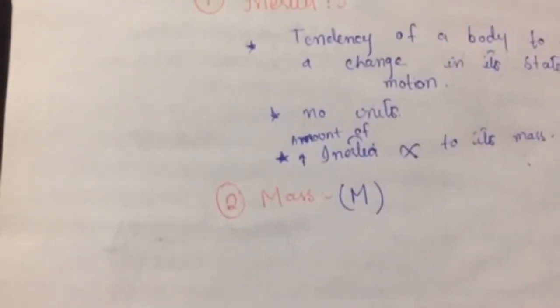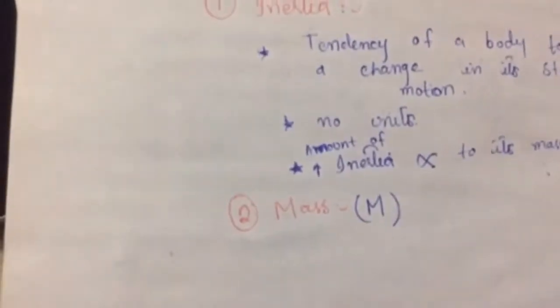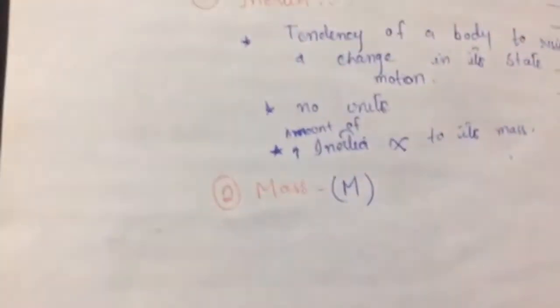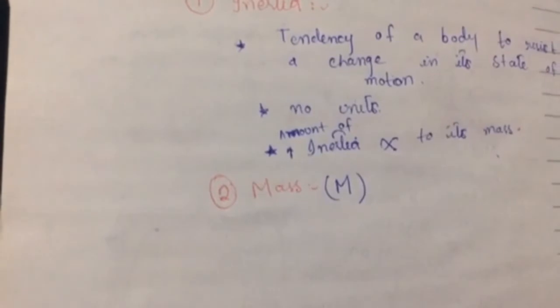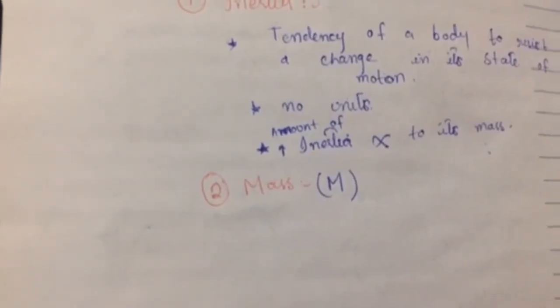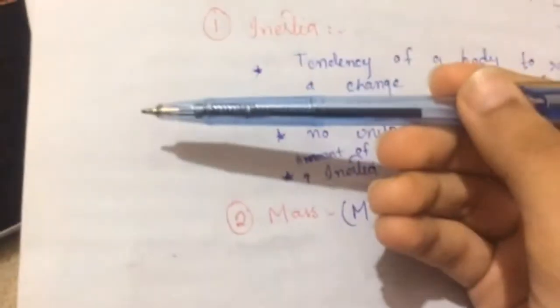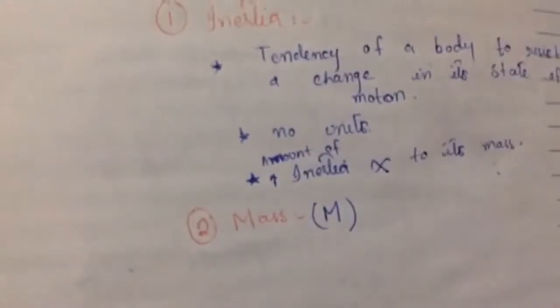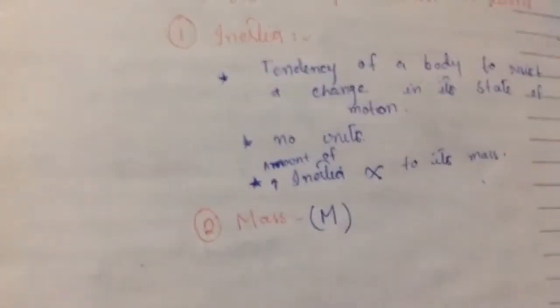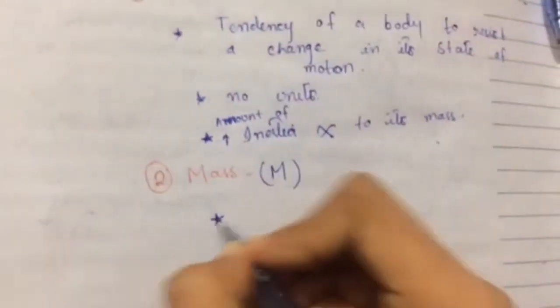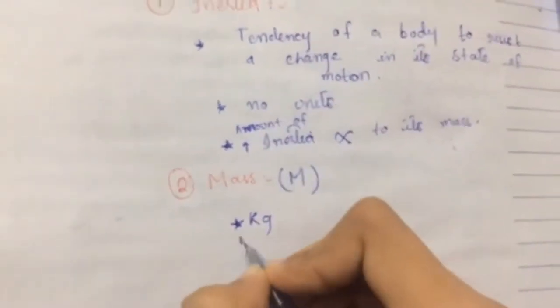Okay, the common unit of mass, first we have to write all these things. What is the common unit of mass according to the metric system? The common unit of mass is kg.